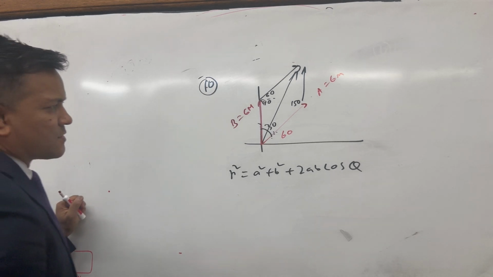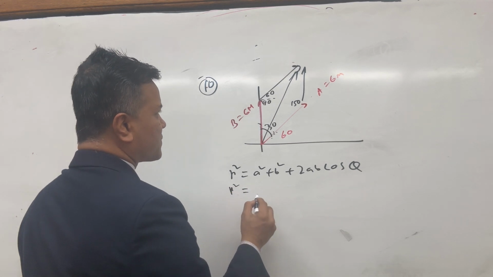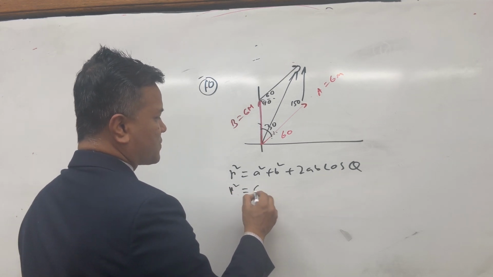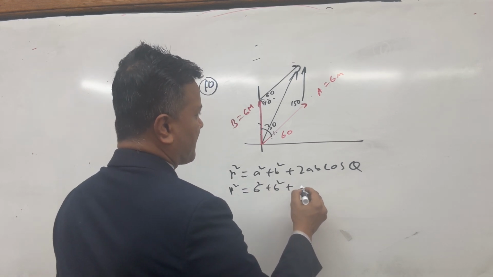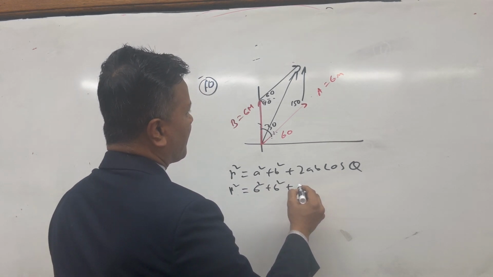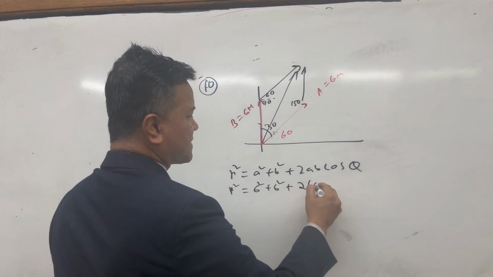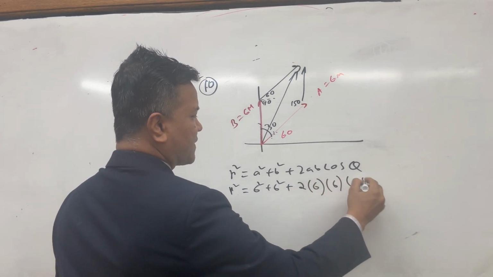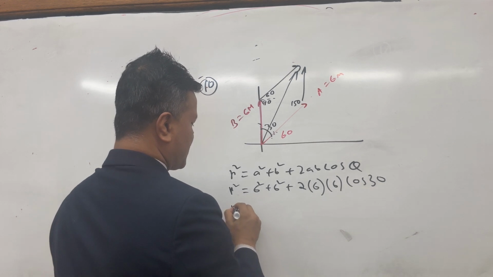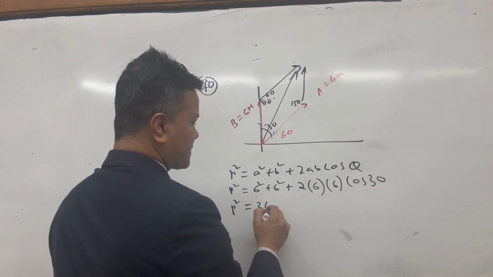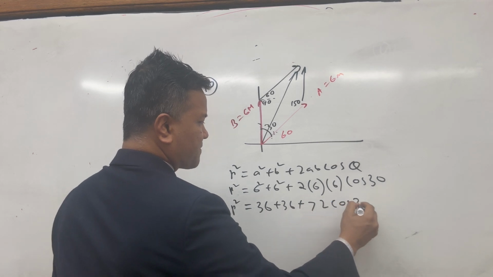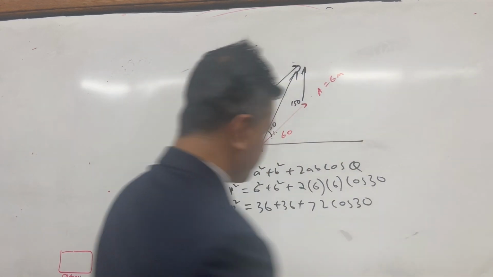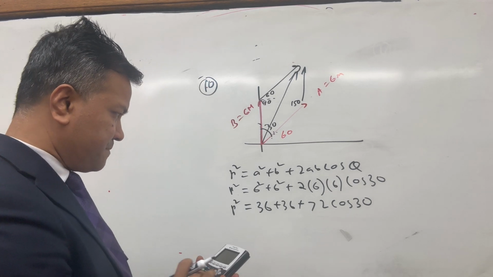So let's see, r squared is equal to a squared, which is 6 squared, plus 6 squared plus 2 times 6 times 6 cosine 30. So r squared is equal to 36 plus 36 plus 72 cosine 30. So let me see what it is.